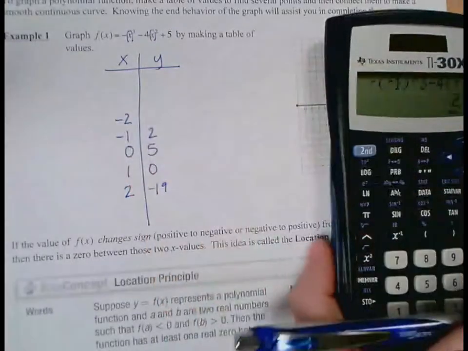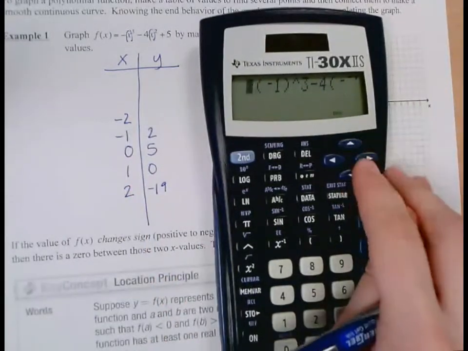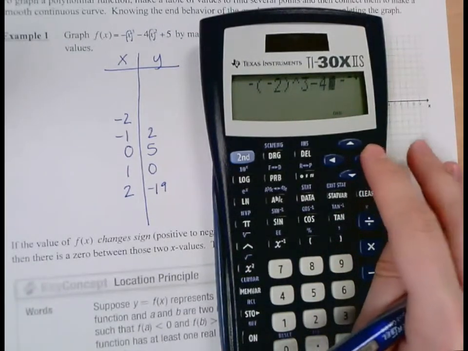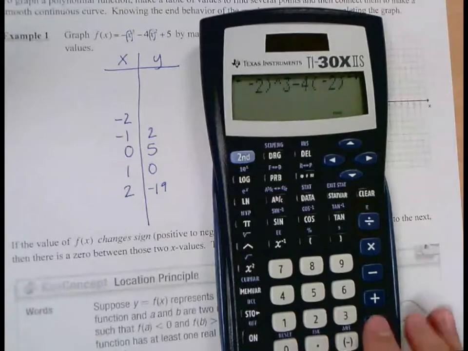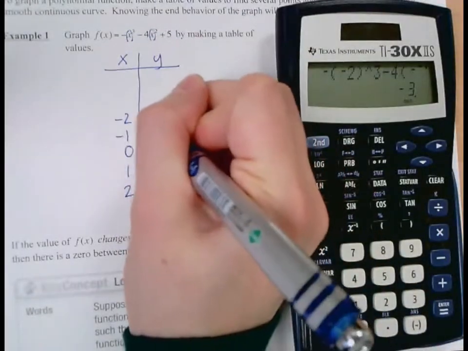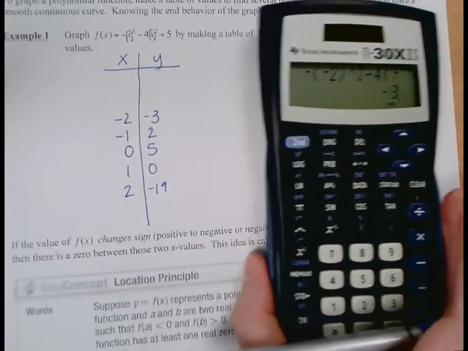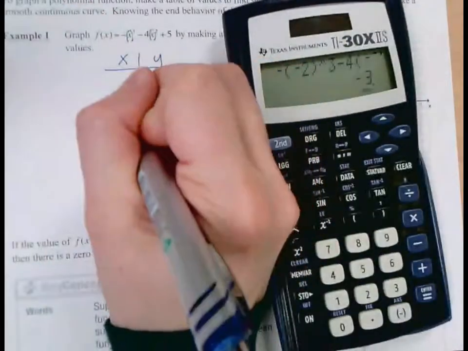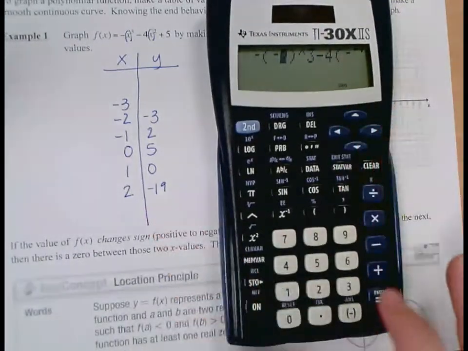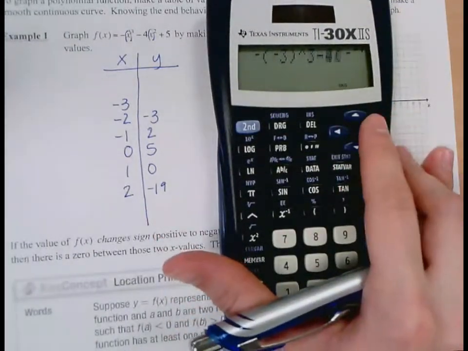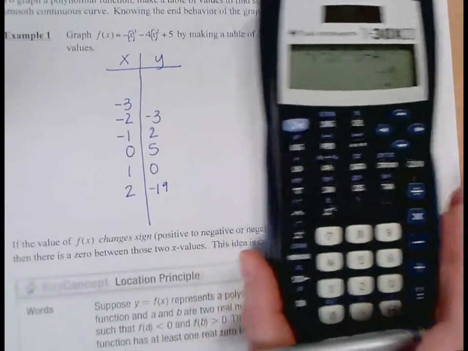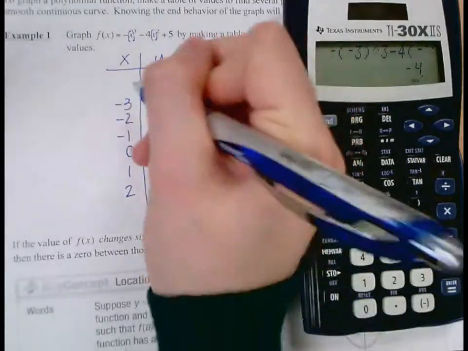Then I'm going to plug in negative 2, so I can arrow up and just change my 1s to 2s. So when x is negative 2, y is negative 3. Then I need to keep going, plug in negative 3. When x is negative 3, y is negative 4.